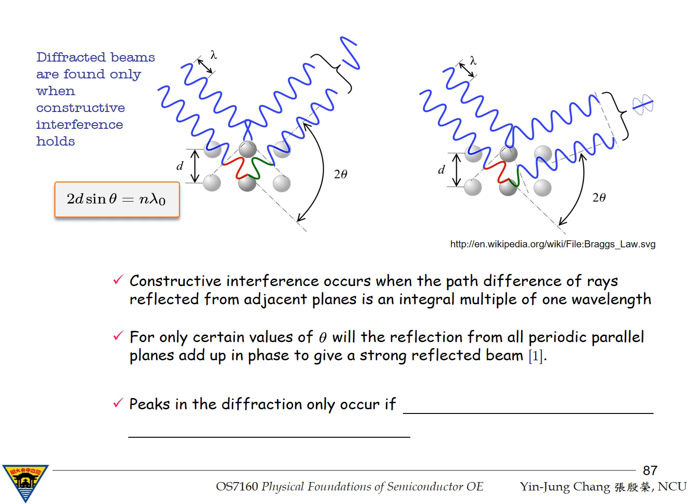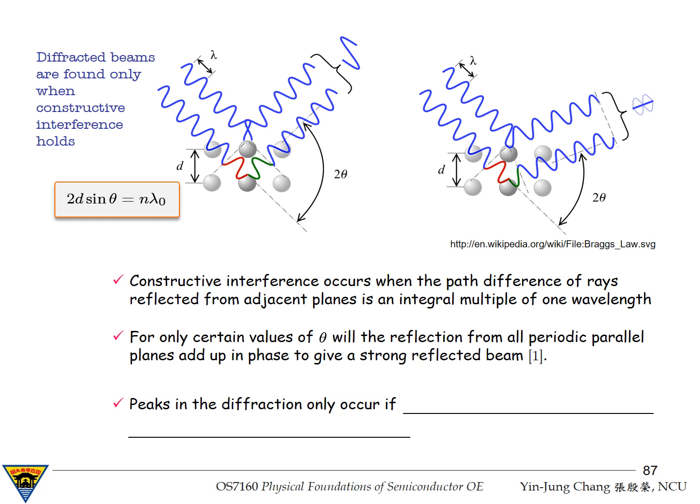Okay, we just showed that under the assumptions of specular reflection and elastic scattering, the path difference of the incident and reflected X-rays from adjacent lattice planes is equal to 2d sine theta, where d is the interplanar spacing between adjacent lattice planes and theta is the grazing angle of the incoming and outgoing X-rays.